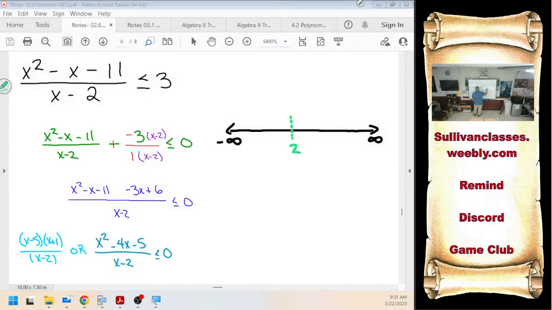Put in my x-intercepts at -1 and 5, and then just screw it, look at my screen to see if it's above or below. Right? You still did the work. You did the work to get your function. You know what your vertical asymptotes and x-intercepts are. How you test those intervals is up to you.